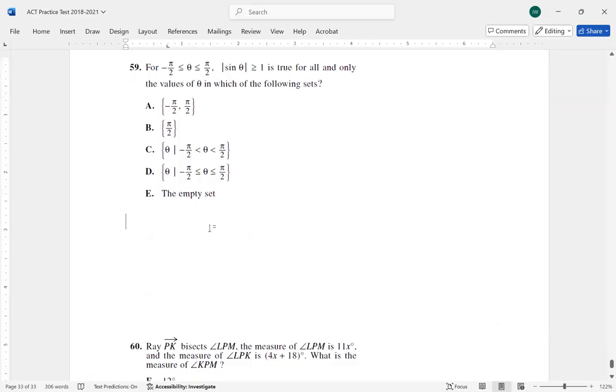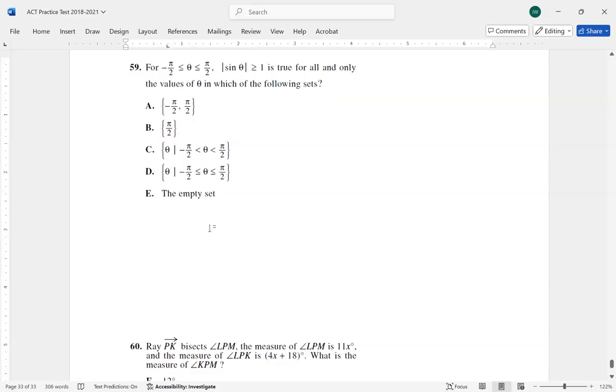Question 59. For an angle between negative pi over 2 and positive pi over 2, absolute value of sine of theta is greater than or equal to 1 is true for all and only the values of theta in which of the following sets?